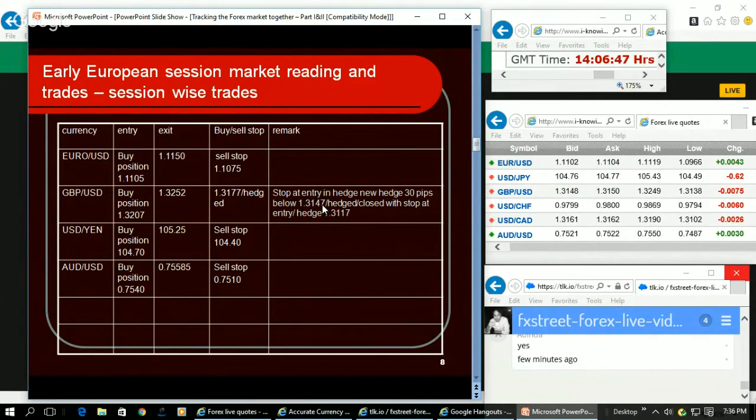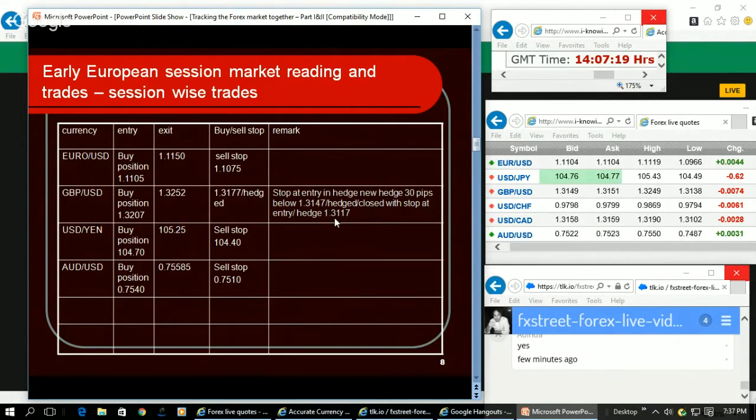Then subsequently what happened? During the late European session, GBP came down further to 1.3138, and so the position at 1.3147 got hedged, and then again it came down to 1.3138 and started gaining. So I kept stop at entry here at 1.3147, and quickly they closed the stop at entry and they went up.